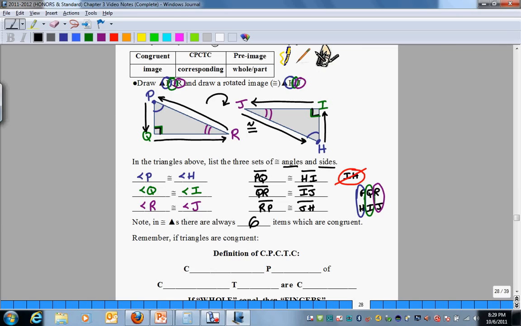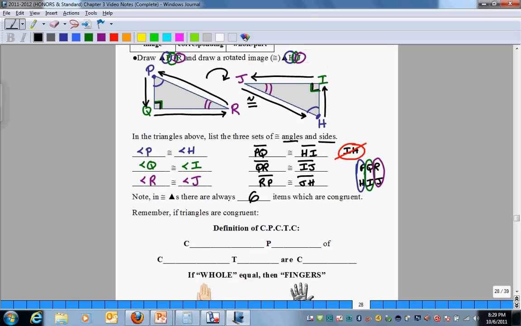Another way to say this is that when you have congruent triangles, then all the parts of those triangles are congruent.